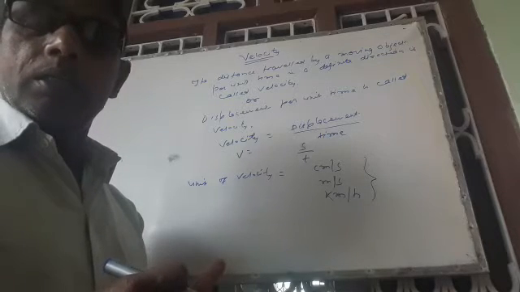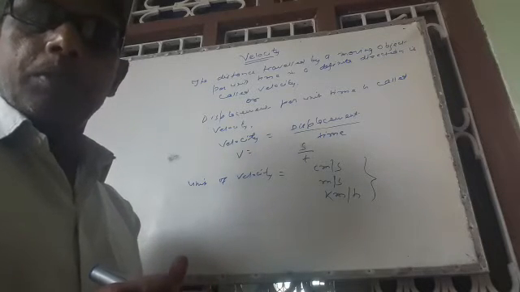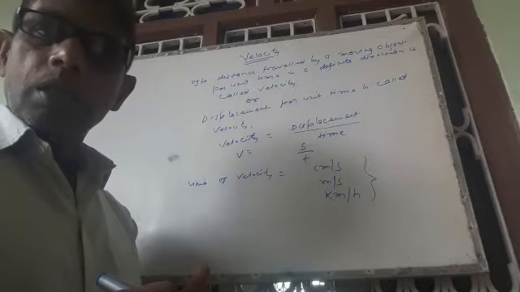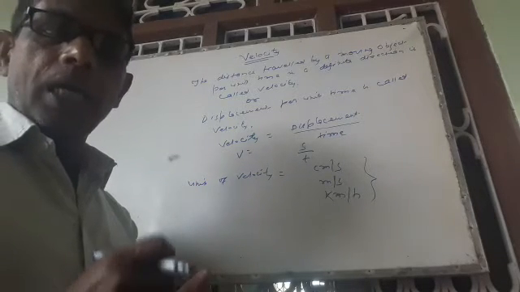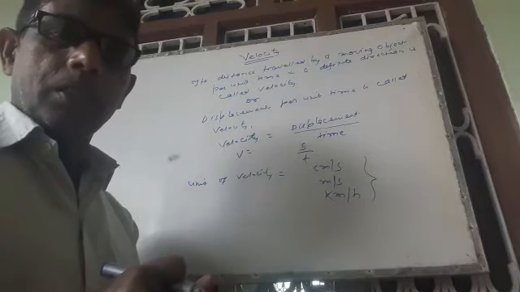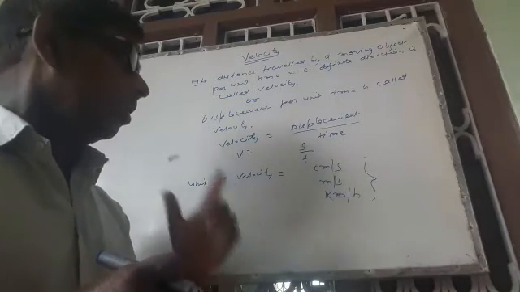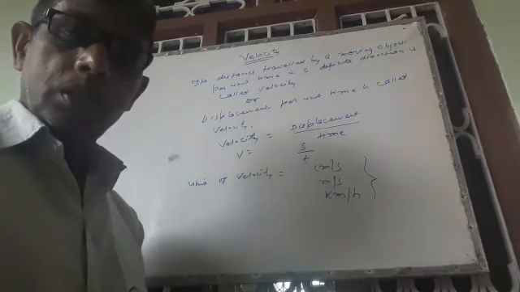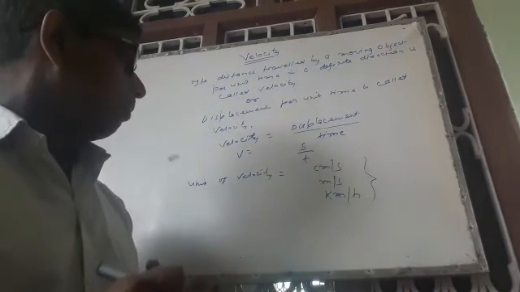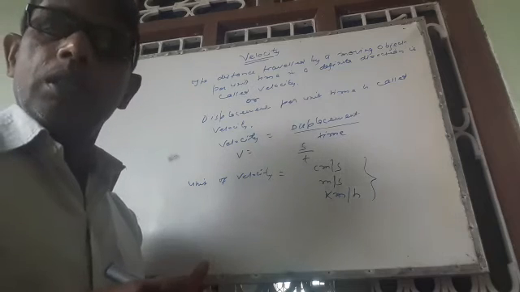Under which condition a speed becomes velocity? If a specific direction is mentioned, in such condition the same speed becomes velocity. This means this type of quantity is velocity.